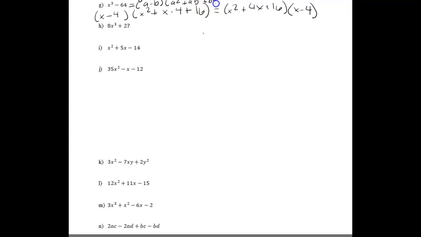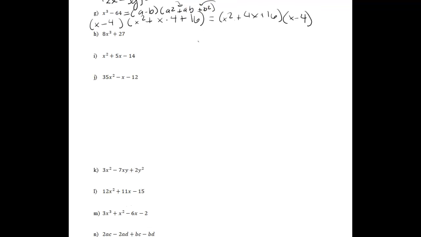So again, difference of cubes is going to turn out to be a minus b times the quantity of a squared plus ab plus b squared. The difference of a cube and the cube of a difference are two different equations.